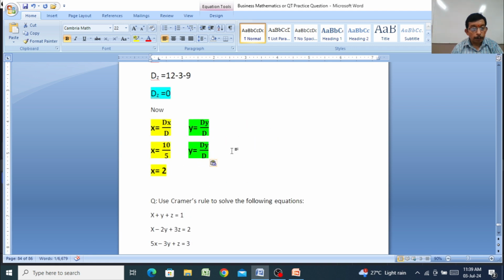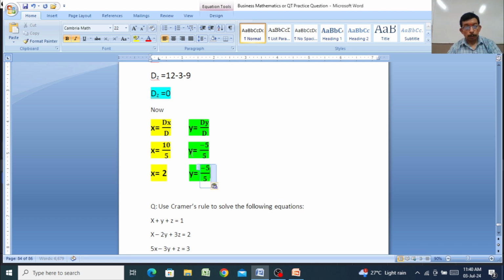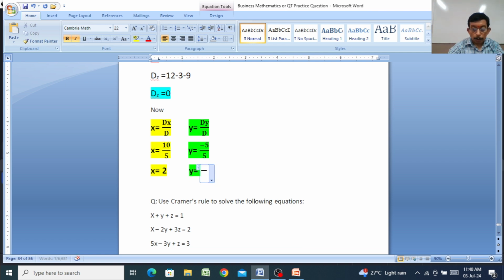Put minus 5 and d is equal to 5. Then the y is equal to minus 1.